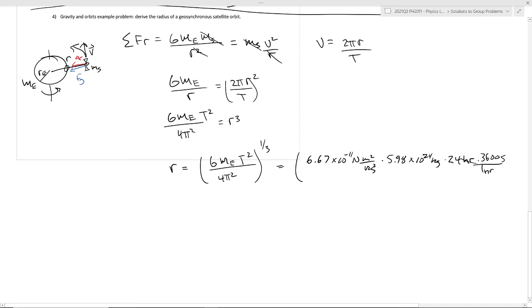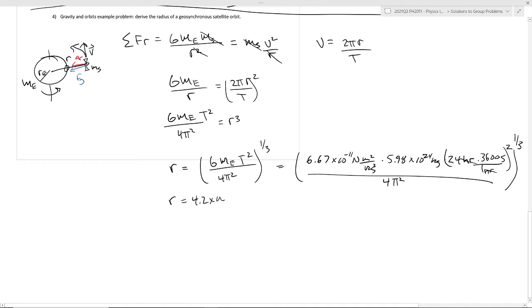So that'll give us the period in seconds. And remember, we have to square this quantity. And then this whole thing will be over 4 pi squared. And then that whole mess is to the 1/3. We take a cube root of that.